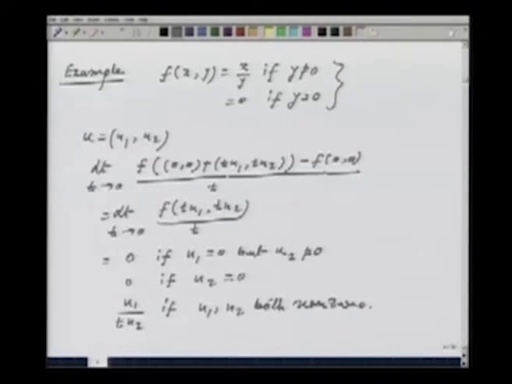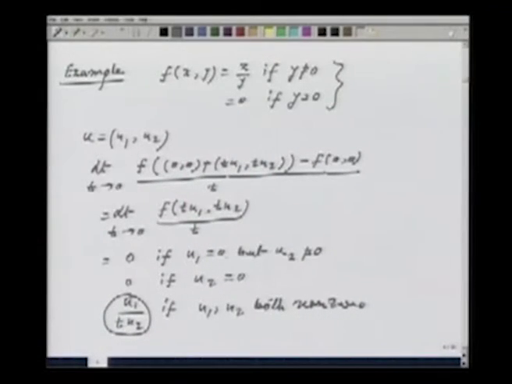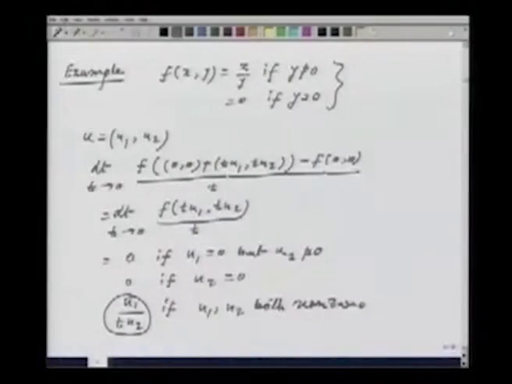If I look at the third case, it is very clear that as t goes to 0, this limit does not exist. But in the other cases, the limits do exist. Now what are the other cases? I take u1 equal to 0. That means I am getting a vector in the direction of the y-axis. If I take u2 equal to 0, I get a vector in the direction of the x-axis. Those two directional derivatives exist. But if u1 and u2 both are non-zero, then I get vectors in different directions. In those directions, the limit doesn't exist.